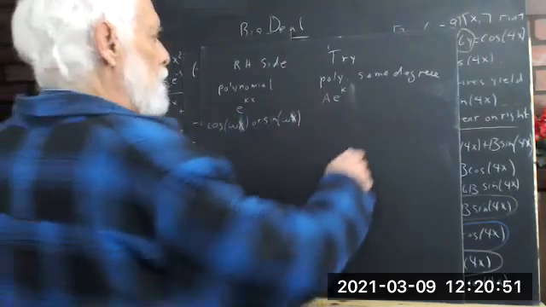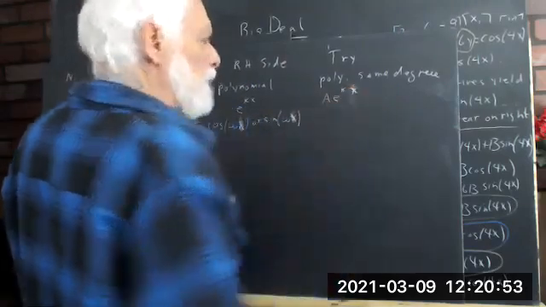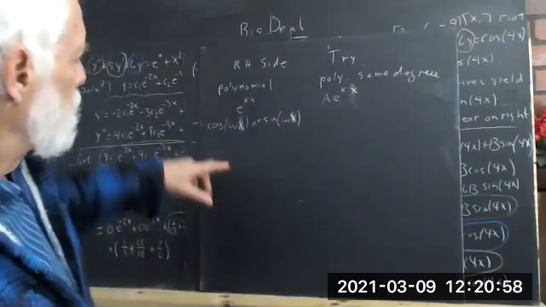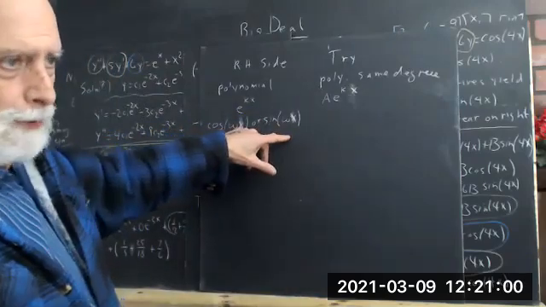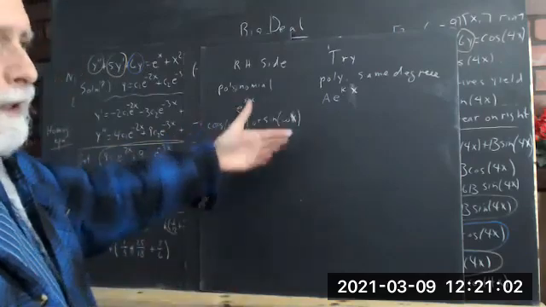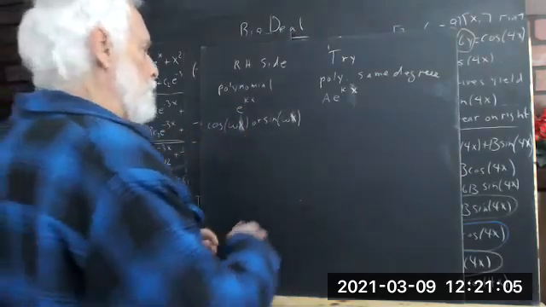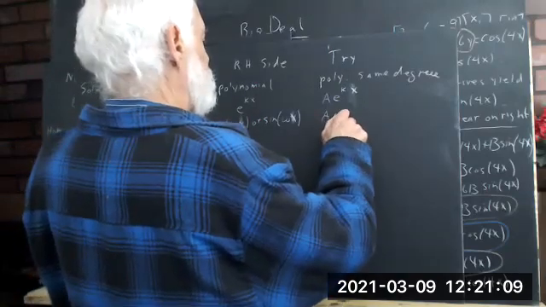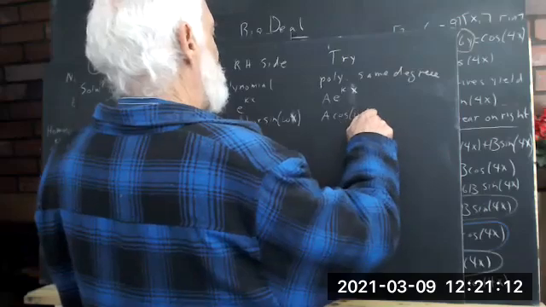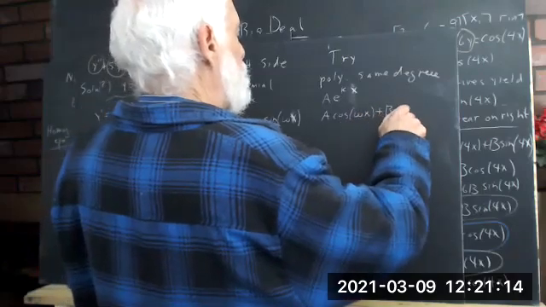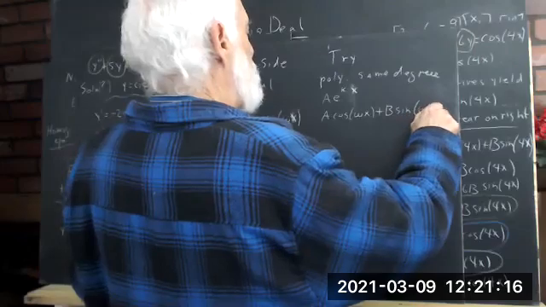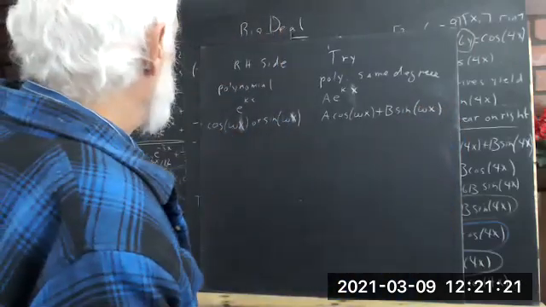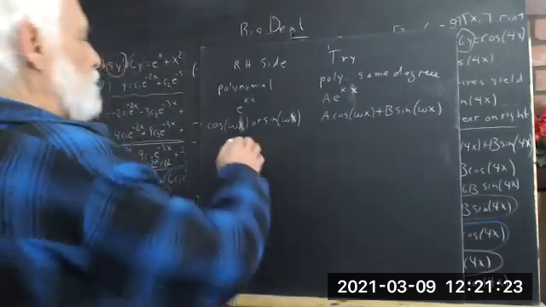If you've got a cosine of omega x or a sine of omega x, or omega t, because that's usually something that's time varying, you're going to use both sine and cosine. Those are your simple functions.